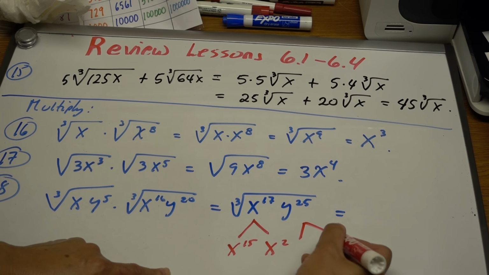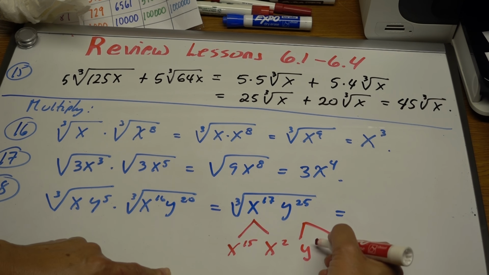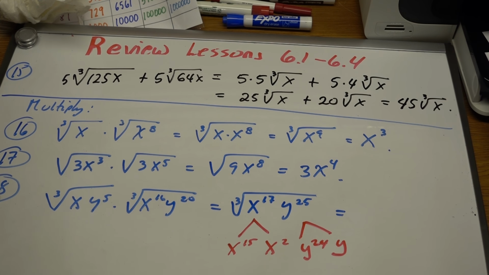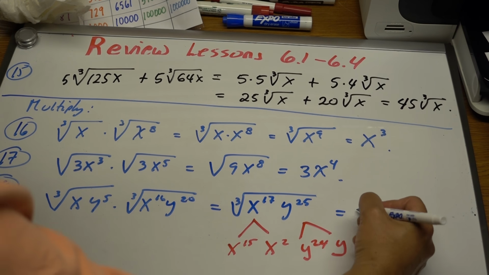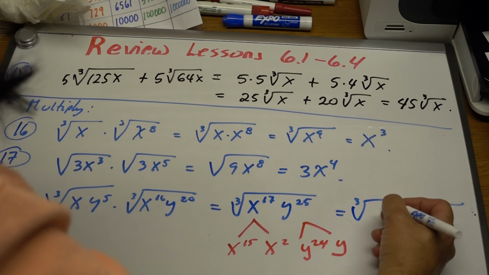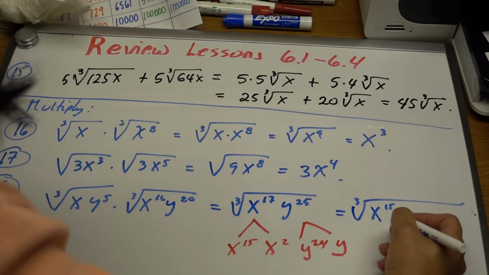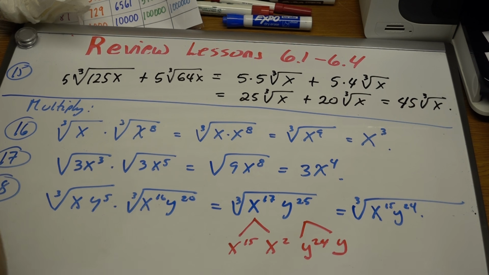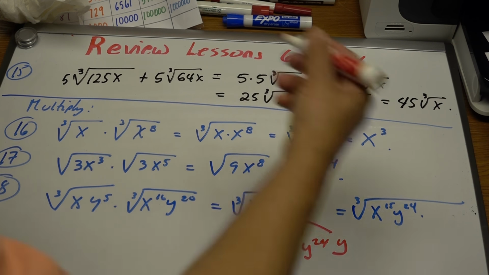For this one, repeat the process: y to the 24th, divisible by 3, times y. So I'm going to rewrite this as cube root of x to the 15th y to the 24th times what is going to stay inside, which is x squared y.